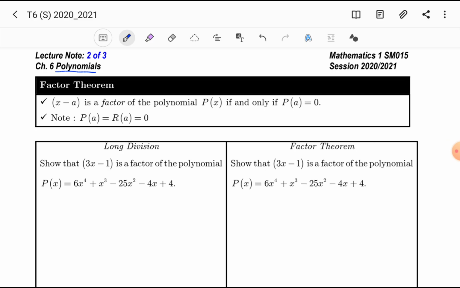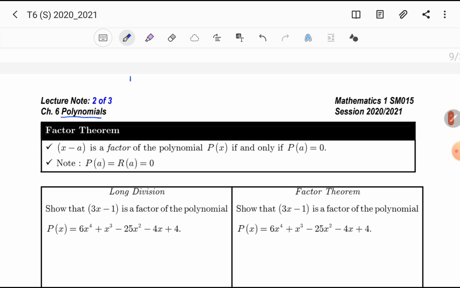Okay. So for remainder theorem, we know that when we substitute the number from the divisor, we will get either a positive number, a negative number, or can be 0. Okay. So for the case when we get 0 remainder, we can say that the polynomial can be exactly divisible.